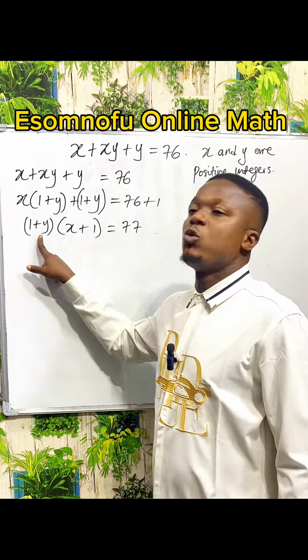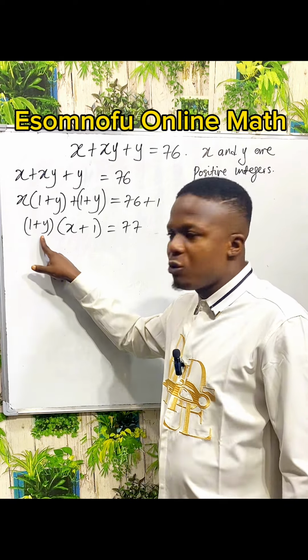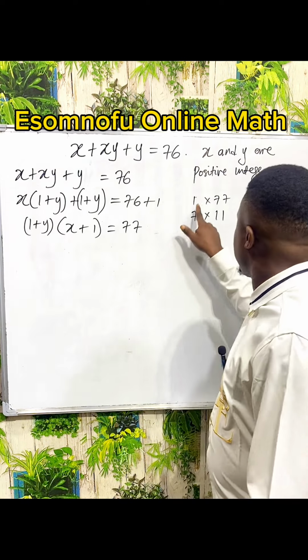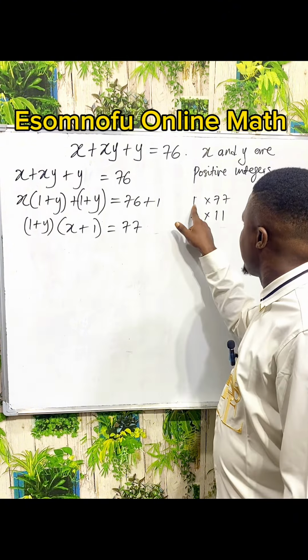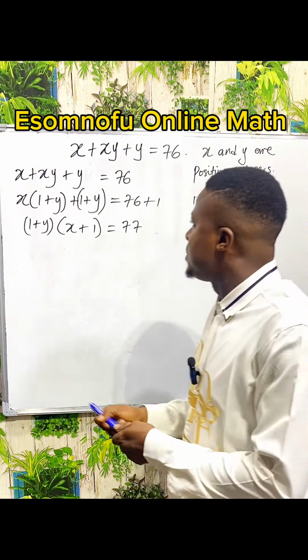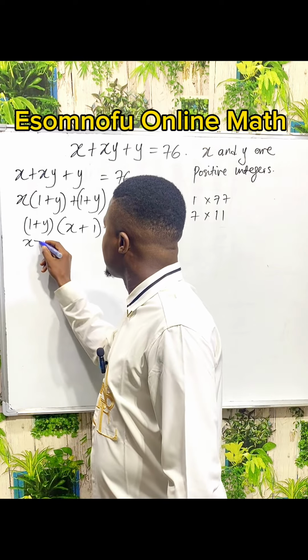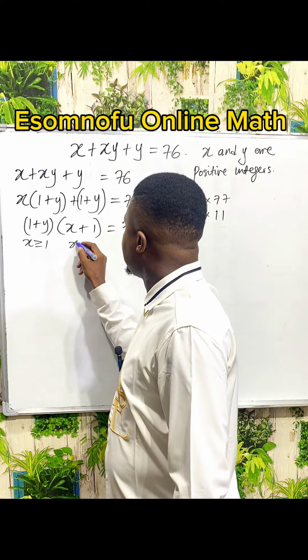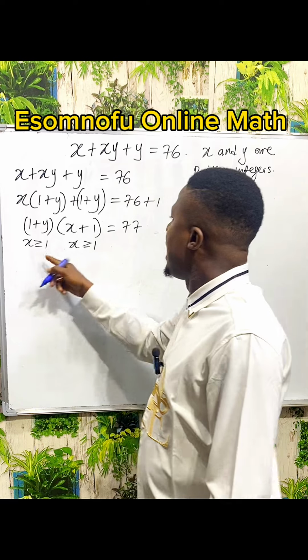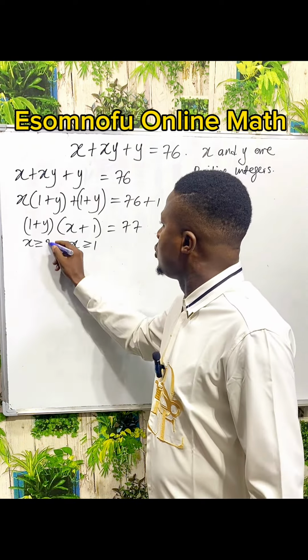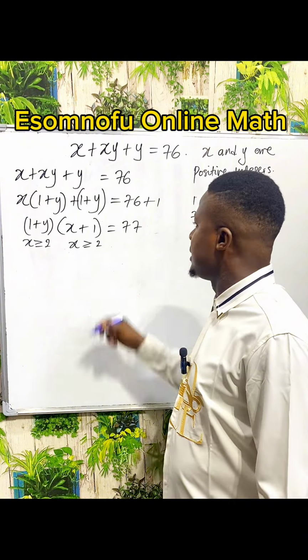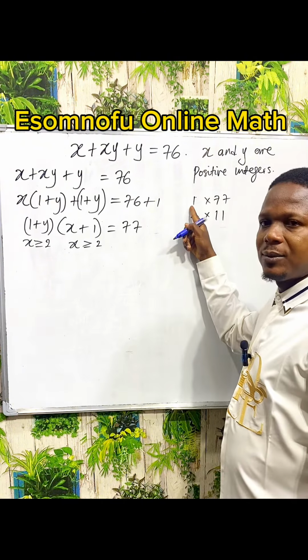So assuming y is 1, 1 plus 1 will be 2. So we cannot take 1. You see that both 1 plus y and x plus 1 are all greater than or equal to 2. That is the least value they can take. So they cannot take 1.